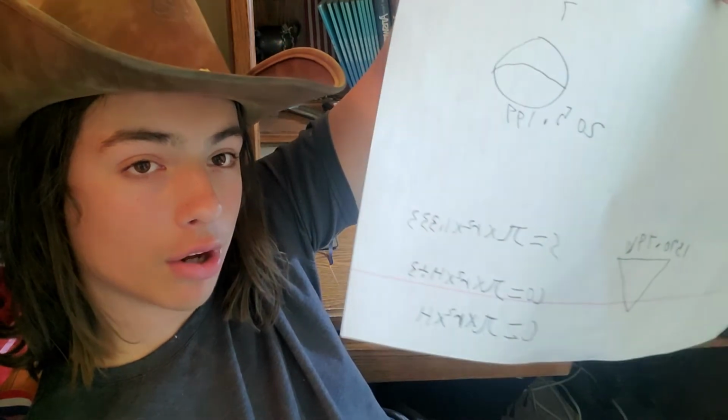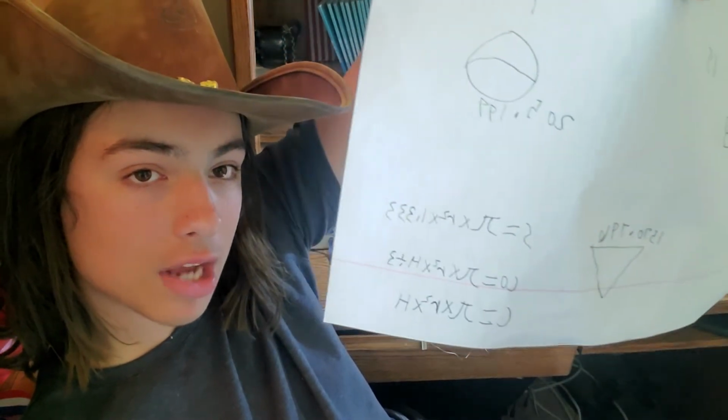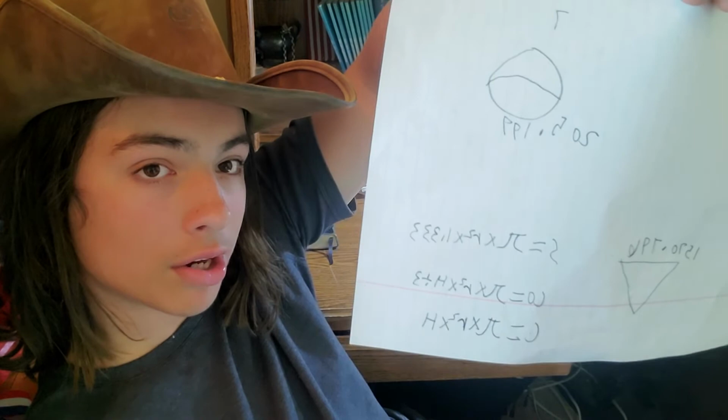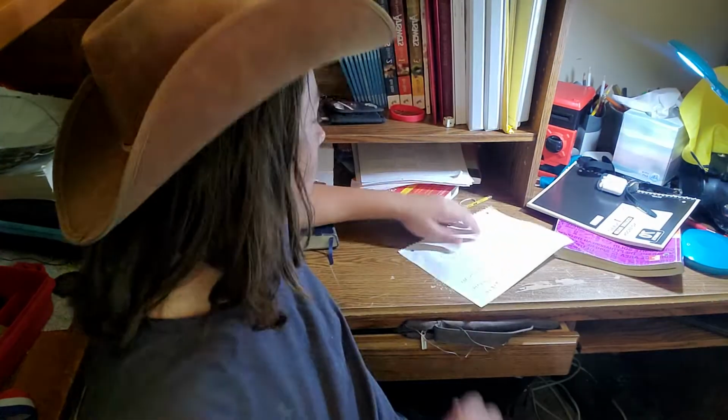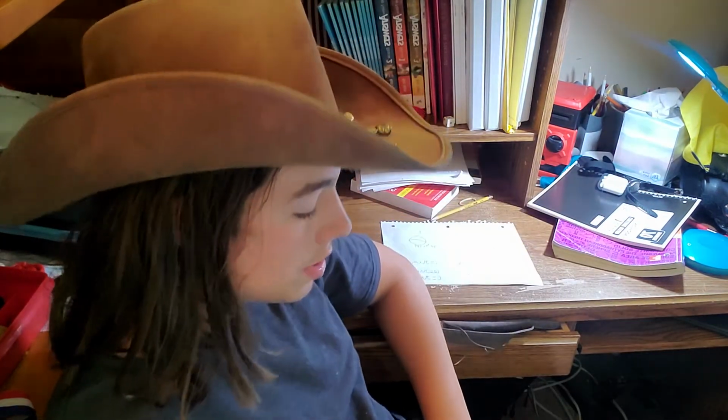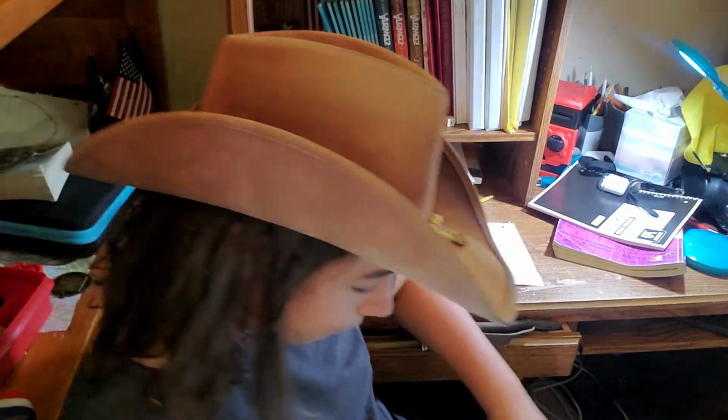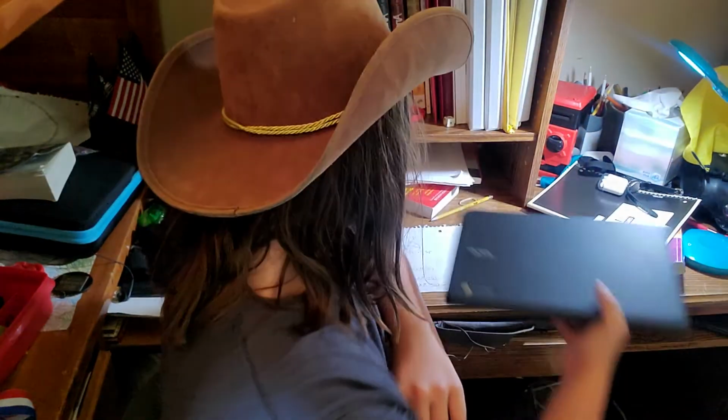And for the sphere, it is pi times radius squared times 1.333. There you go, guys. That is how you find the volume of a cone, cylinder, and sphere. See y'all.